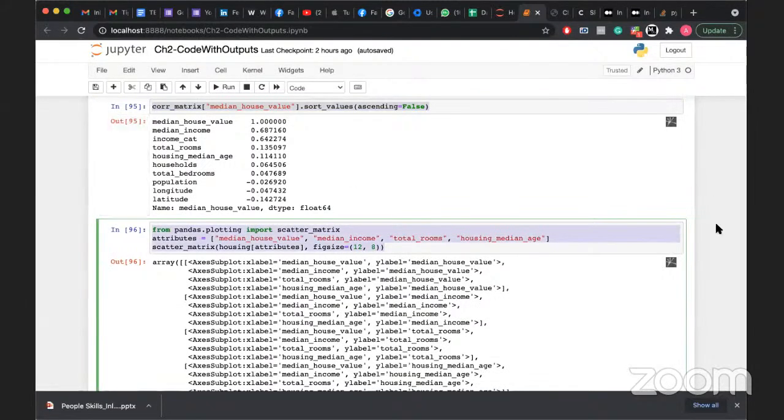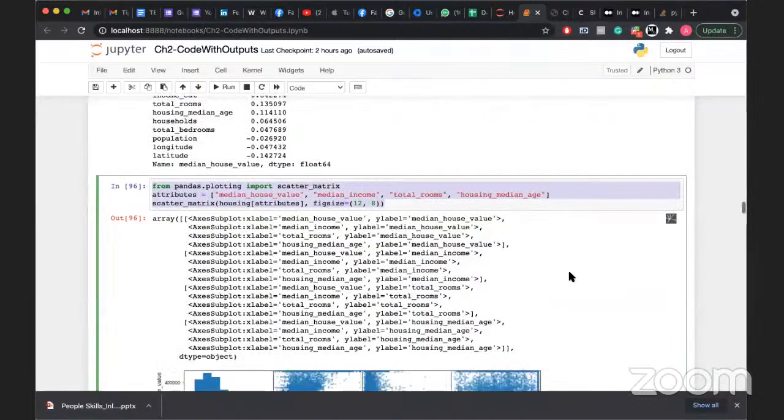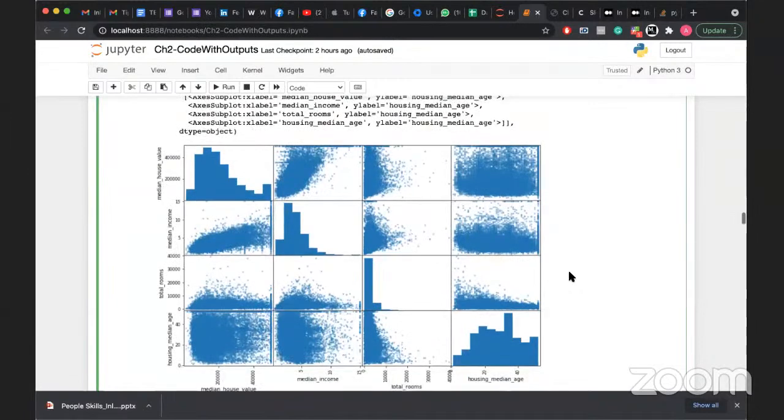Please execute this function inside this code, and let me know if you're able to see a graph of this nature.